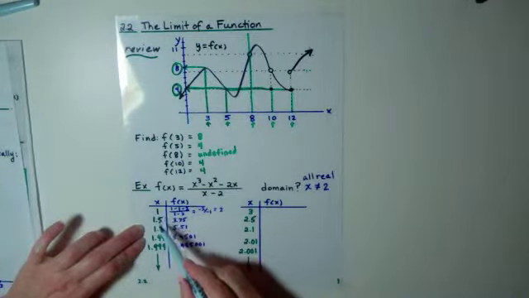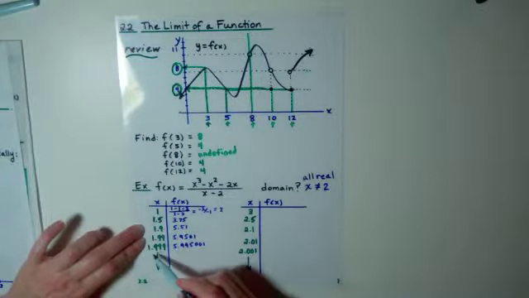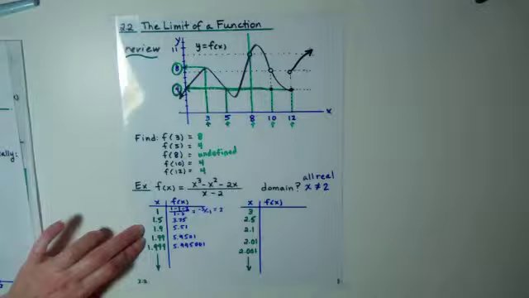I'm going to ask this question. What's happening to the x values? I had 1, 1.5, 1.9, 1.99, 1.999. Those are getting closer and closer to the value x equal 2, that forbidden value where a function is not defined. Now, I want you to concentrate on the output values.